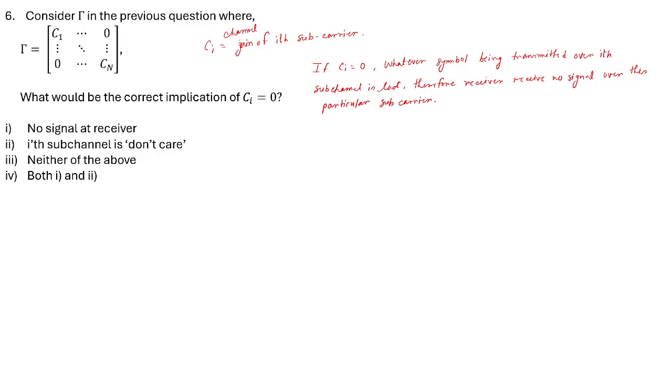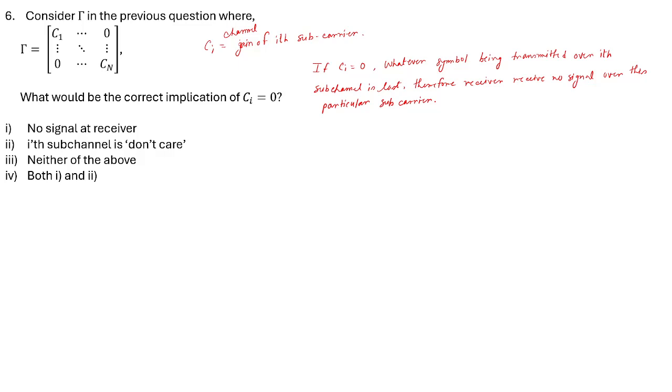So what does it imply when you say that the ith subchannel is don't care, how can we interpret this? If you remember from our discussion and also in lectures, maybe 2-3 weeks back, the concept of the water filling algorithm, how it allocates power to different channels.